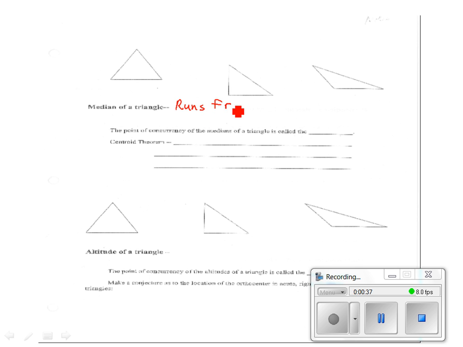from a vertex of a triangle to the midpoint of the opposite side.